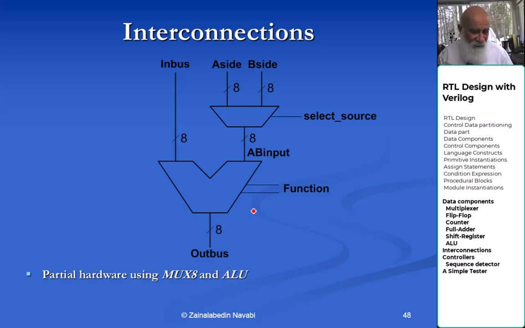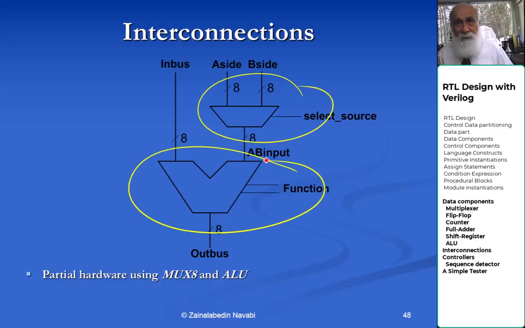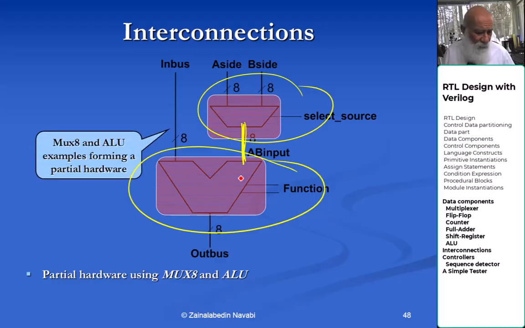In that case, I write a module, maybe my data path module, declare my buses and everything, and then I instantiate this module and this module within my data path and make the connections between them. To make the connections between them, anything that carries data has to be named or declared. And therefore maybe this is an input bus coming from the outside, maybe these are buses coming from other parts of the data path.